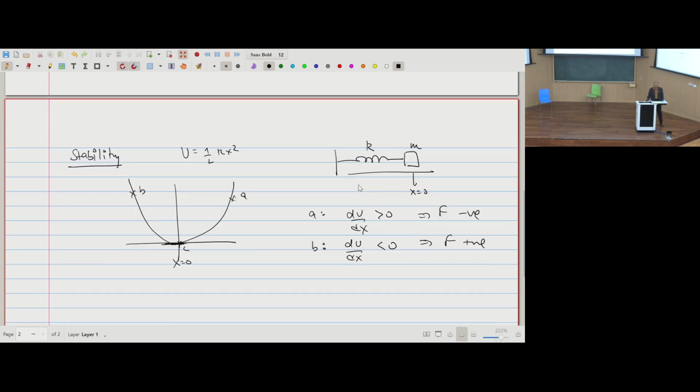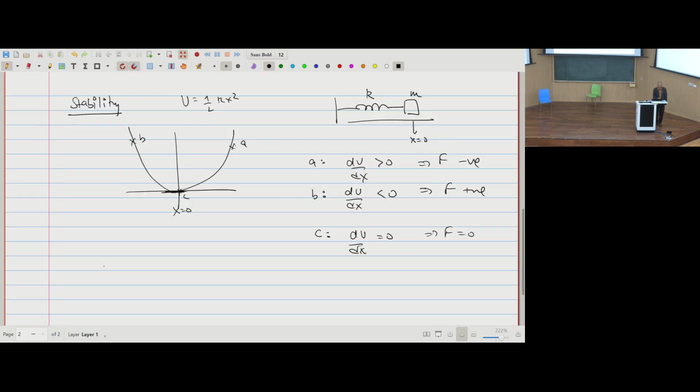At B, F is positive. So B is at a negative value of x, again force towards the origin. And what happens at C? There is a minimum for this parabola. So dU by dx is exactly equal to 0. F is also equal to 0 because F is minus dU by dx.